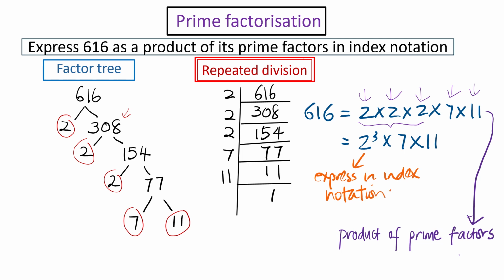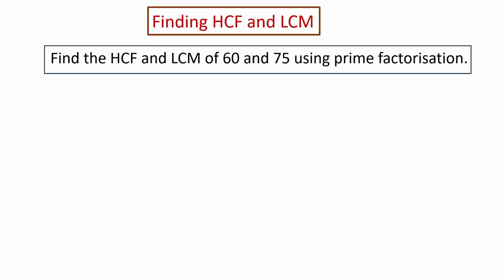All right. One very useful application of prime factorization of a number is to use it to find HCF and LCM. Supposing I'm asked to find the HCF and LCM of these two numbers, 60 and 75, using prime factorization, how do I go about doing it?